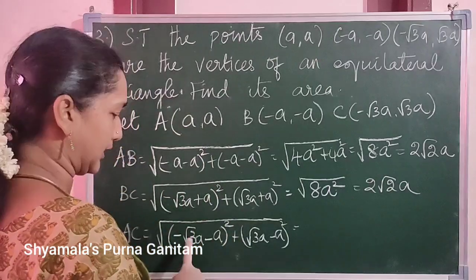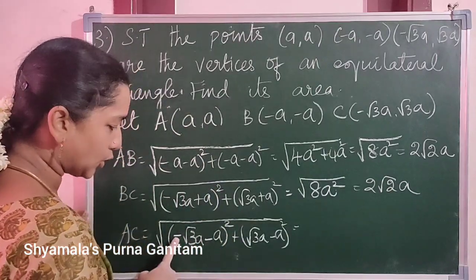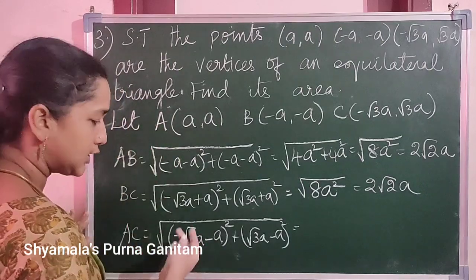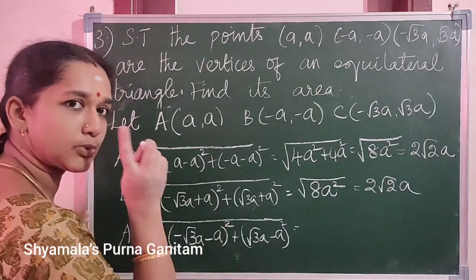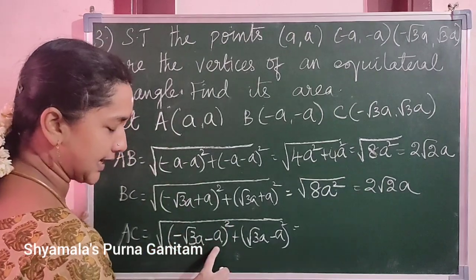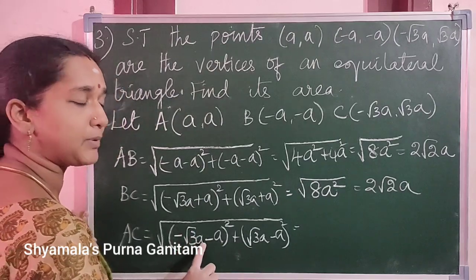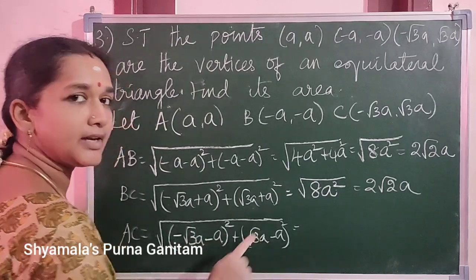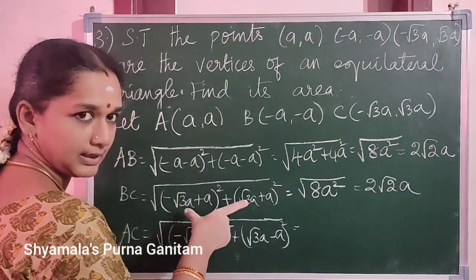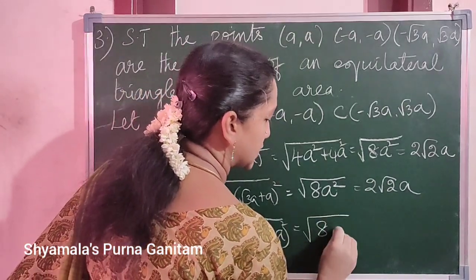Here you have a negative sign in both. When you bring that negative out, you have two negatives, so with the square it will be positive. You can rewrite this as a plus b the whole square, and this as a minus b the whole square. The same way as the previous step, if you simplify this, you will get root of 8a squared.